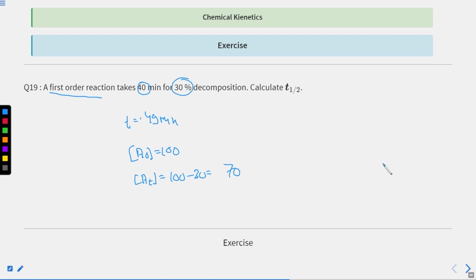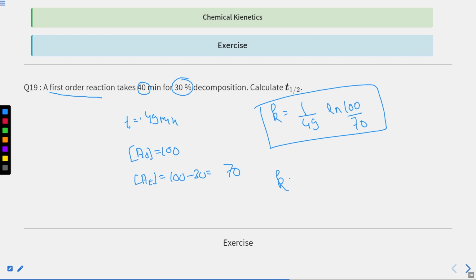For T half, since it is a first order reaction, we have to calculate K. Now K will be equals to 1 by T, that is 1 by 40 ln 100 by 70. Once you calculate this, it will be basically ln 10 minus ln 7.